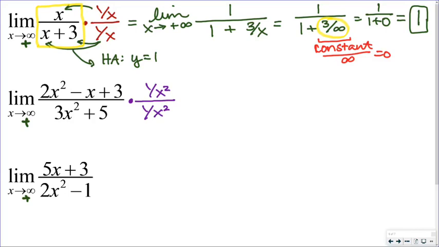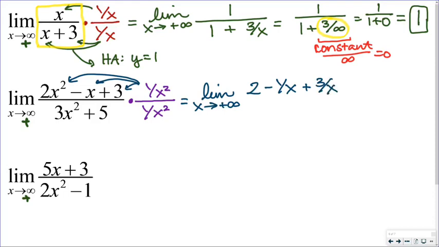I get the limit as x approaches positive infinity of 2x squared over x squared is 2, minus x over x squared is 1 over x, because I can cancel an x there, and then plus 3 divided by x squared. And then in the denominator, I'm going to get 3 plus 5 over x squared.